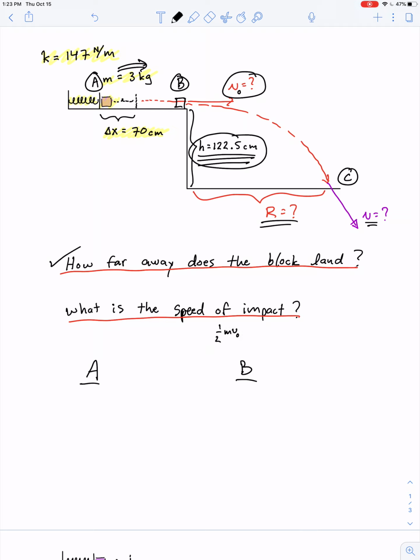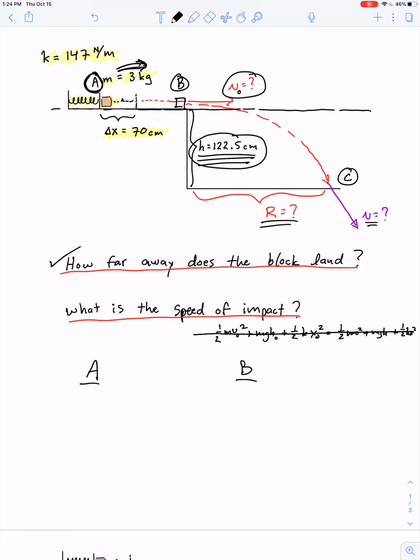Initial kinetic energy plus initial gravitational potential energy plus any initial elastic potential energy has to equal final kinetic energy plus final potential energy plus final elastic potential energy. It might be a bit excessive to write out that full version of the equation. It's probably better just to look at your labeled points and say, what are all of the forms of mechanical energy here?